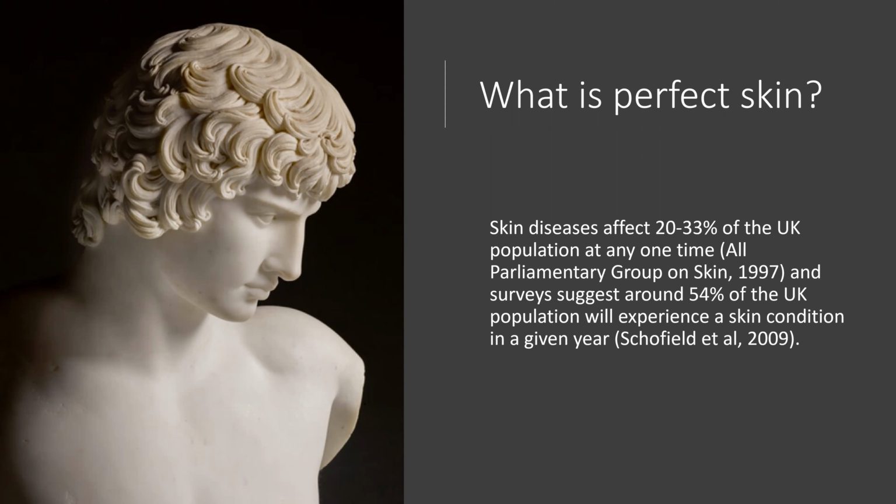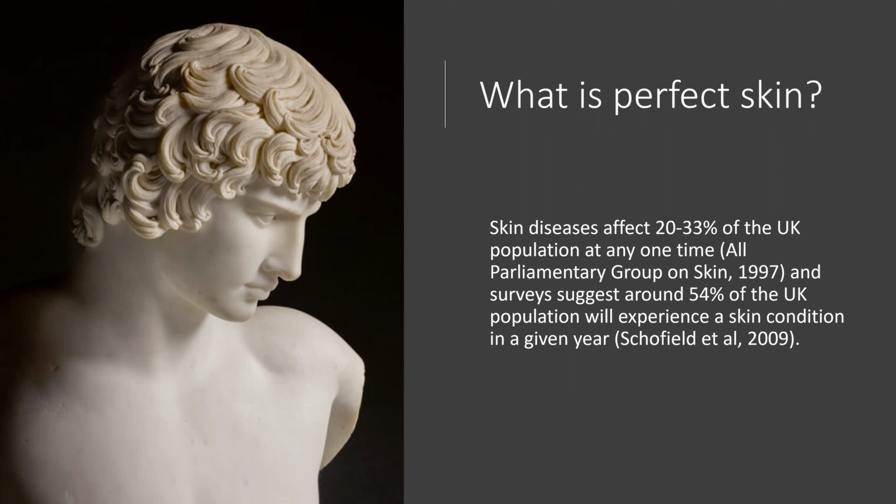And more than half of the people, so 54% of the people, will experience a skin condition in a given year. When people talk, especially people who struggle with skin picking, when they talk about other people's skin, they usually make, I'm sure this is relatable to most of you, very unfavorable comparisons.